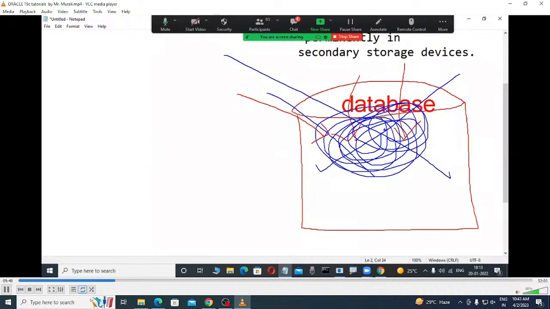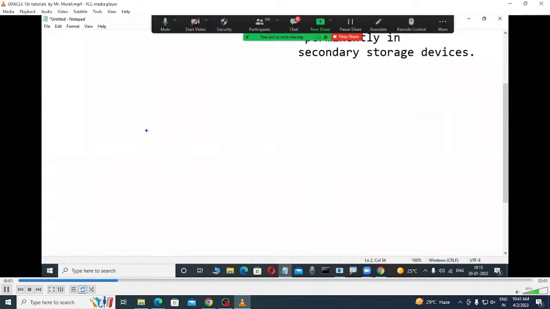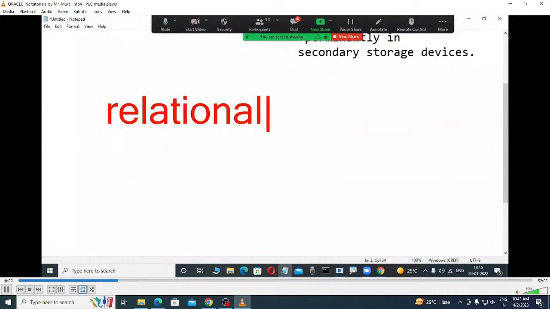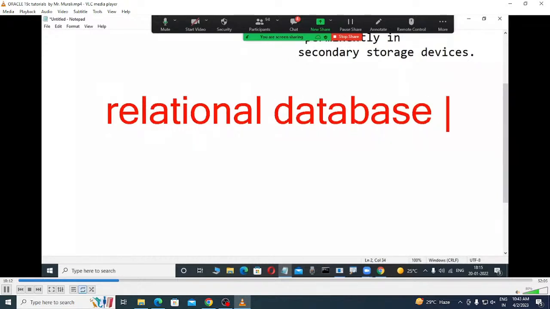For any random collection of data, there are non-relational databases, like MongoDB. That is different. Oracle, SQL Server, DB2 are relational databases. One of the popular relational databases are Oracle, SQL Server and MySQL.